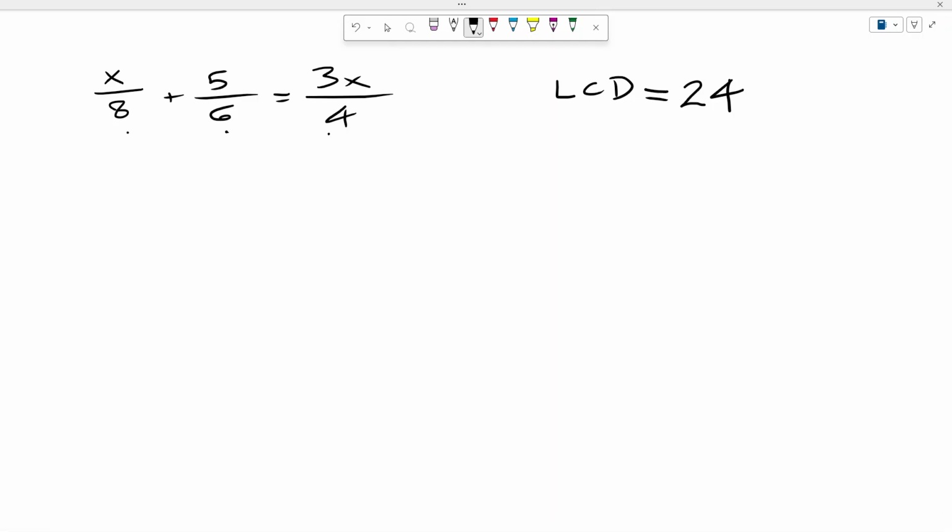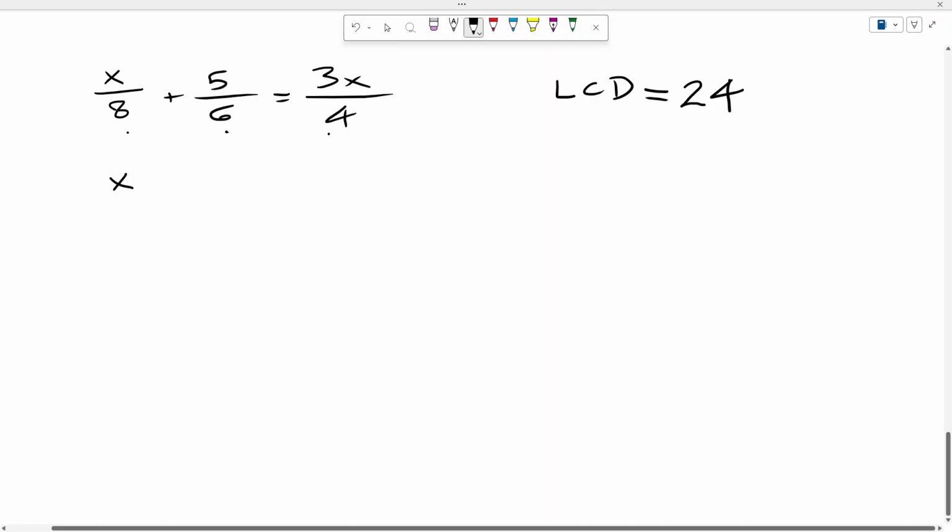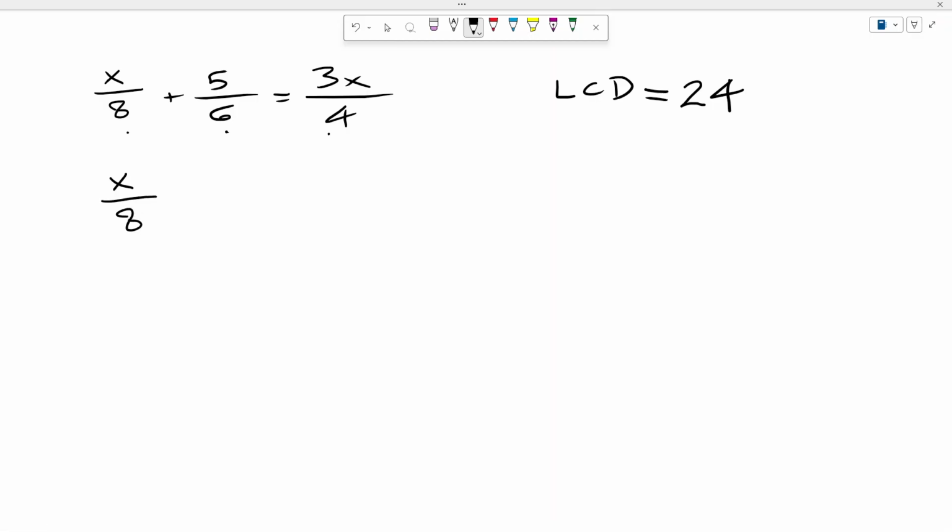So just like we did before, after we got our LCD figured out, I'm going to do the same thing as we did in the last one, just so we can see it clearly. So we're going to take both sides and multiply each part by 24. I'm going to write it in fraction form.